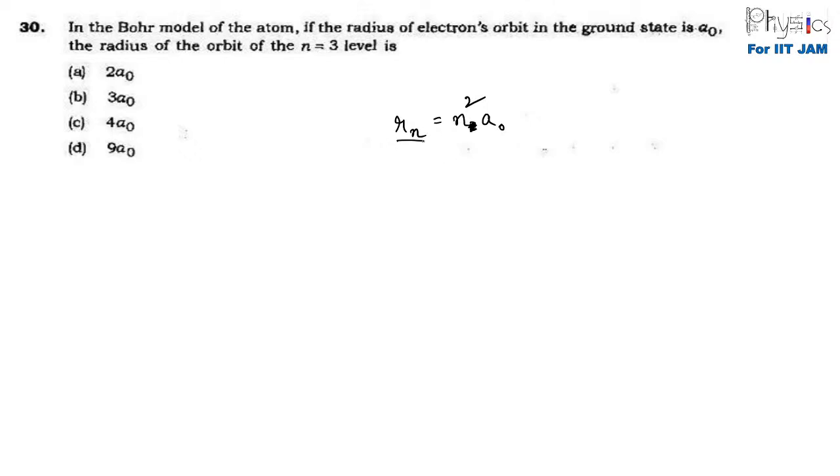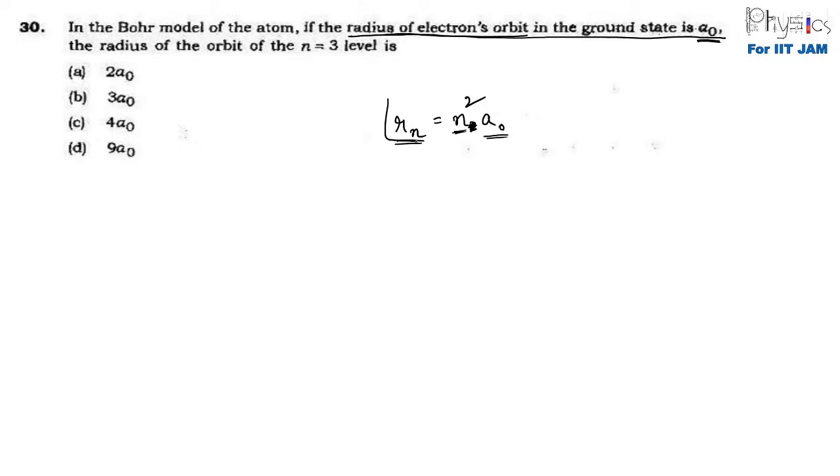Now what is Rn? Rn is the radius of electron's orbit at the level n, n is the number of the level, and A0 is the radius of electron's orbit in the ground state, which is given.